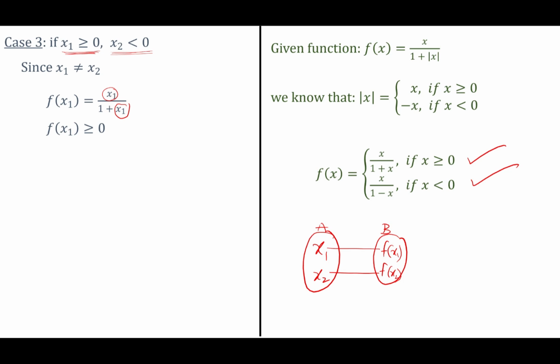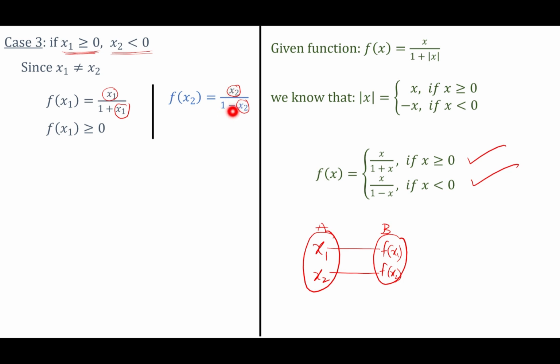In the same way, if I choose x2 as less than 0, it could be negative 1, negative 0.1, negative 1.5, negative 2.5, something which is negative. So the given function is this one. In place of x2, if I write any negative values, the result is always negative. You can plug in any negative value. I cannot write negative 1, of course, because 1 minus 1 will be 0.